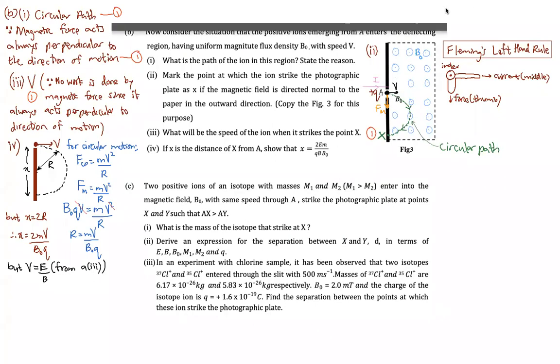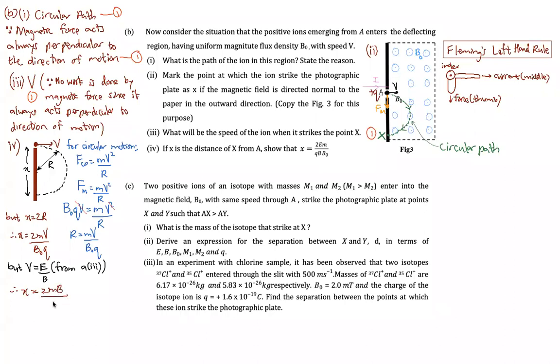So finally, x is going to be 2mE over B B naught q. Use the values we had earlier and get the answer.